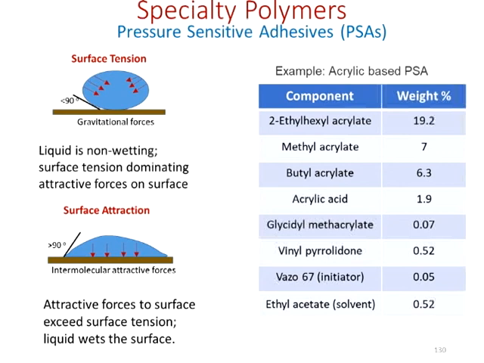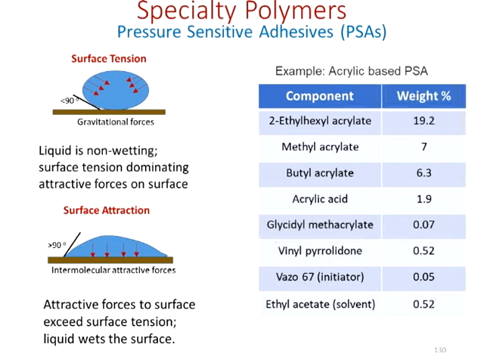So liquid is non-wetting when the surface tension is dominating the attractive forces on the surface. But when the attractive forces to the surface exceed the surface tension, the liquid wets the surface. Again, non-wetting is greater than 90 degrees for the angle on the surface, and wetting is less than 90.